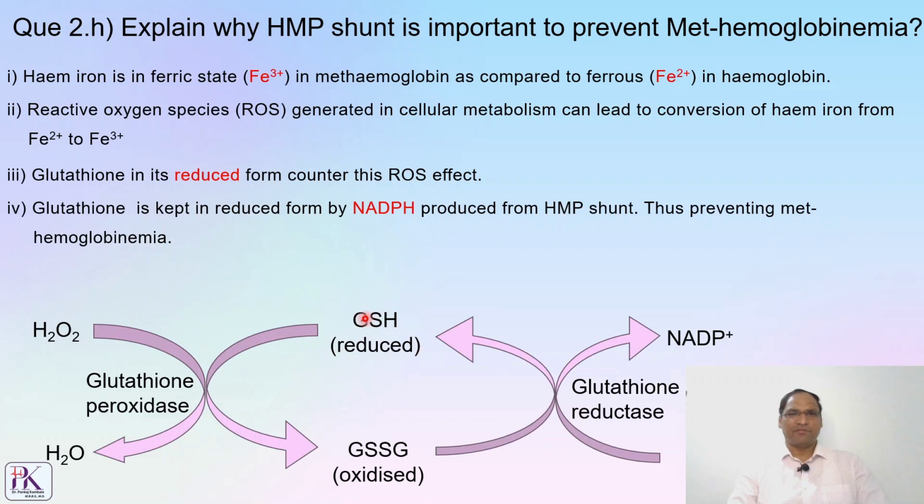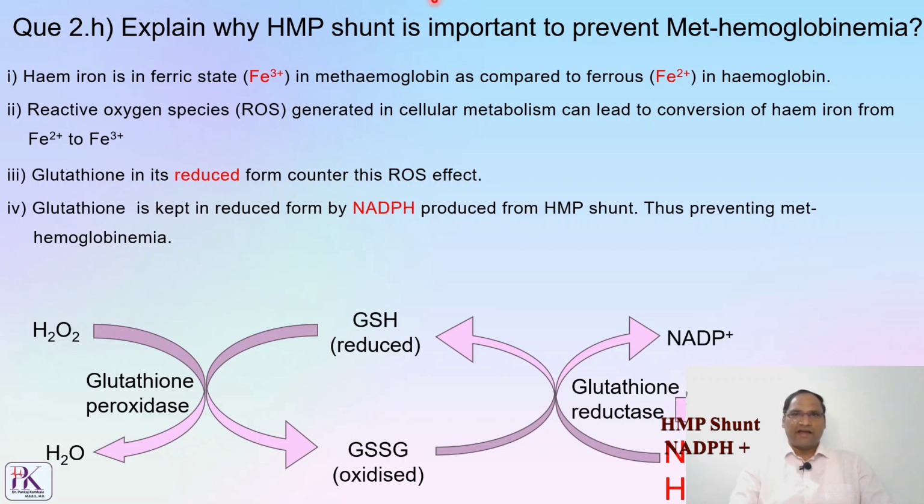During this reaction, the reduced form of glutathione is converted to oxidized form, and for regeneration of reduced glutathione, you require one enzyme, that is glutathione reductase, and for this action of glutathione reductase, there is a requirement of NADPH, and the source of NADPH is the HMP shunt. So that is why the HMP shunt is important to prevent methemoglobinemia.